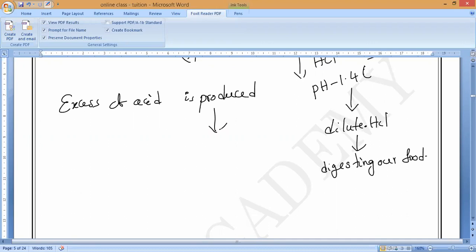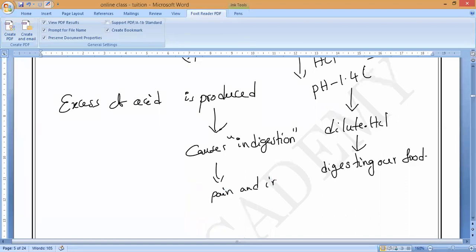So excess acid in the stomach causes acidity, which we also call indigestion. It produces pain as well as irritation. Is it yes or no?